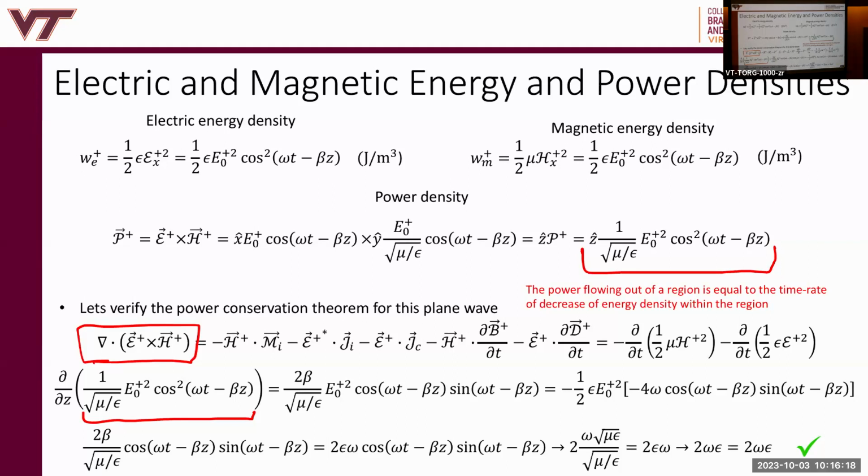Okay, so if you do the derivative of cosine squared, you get this expression, cosine times sine, and you can rewrite that in this form.